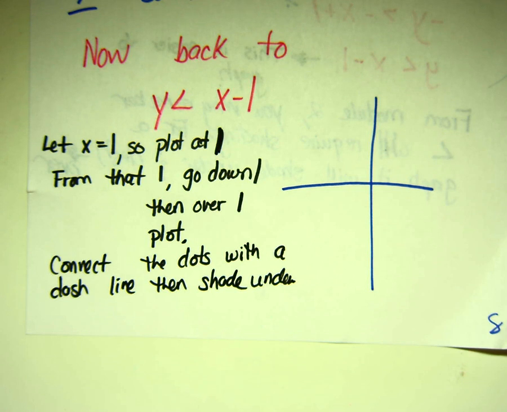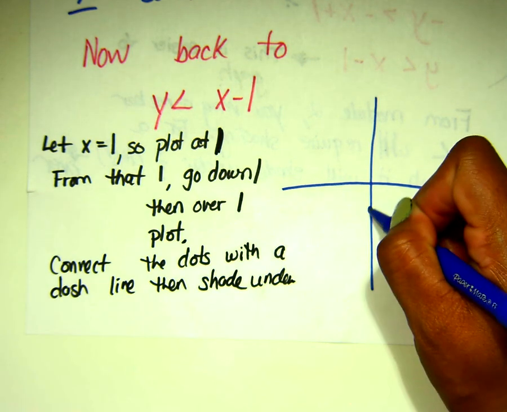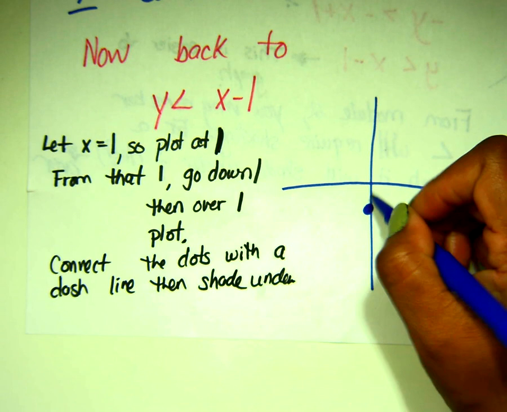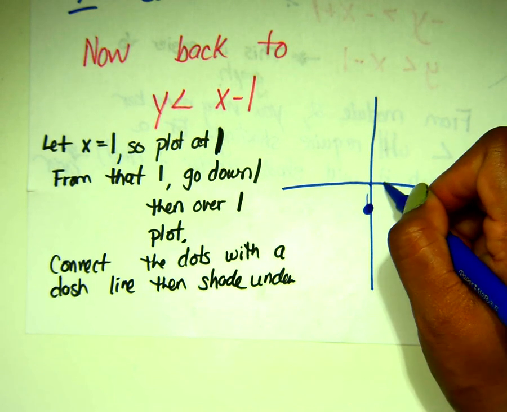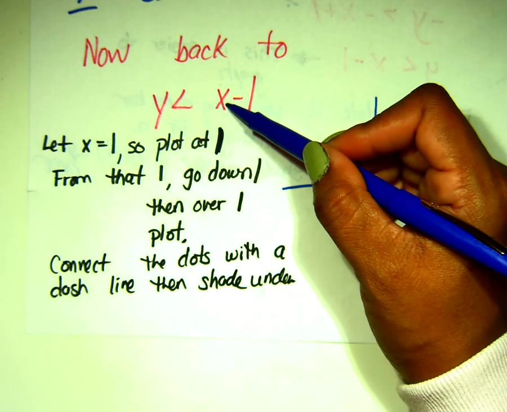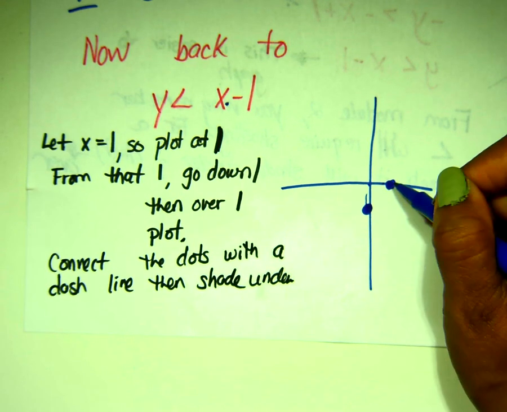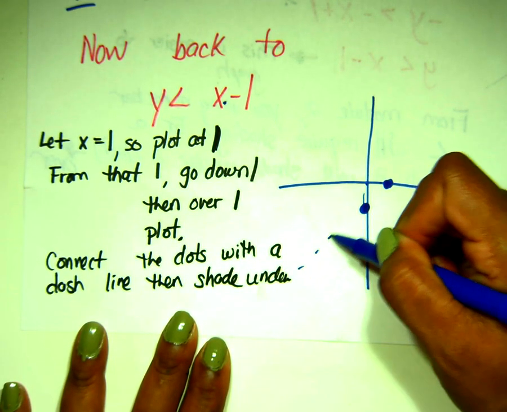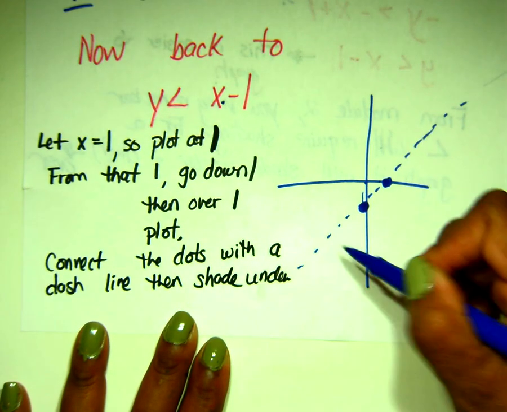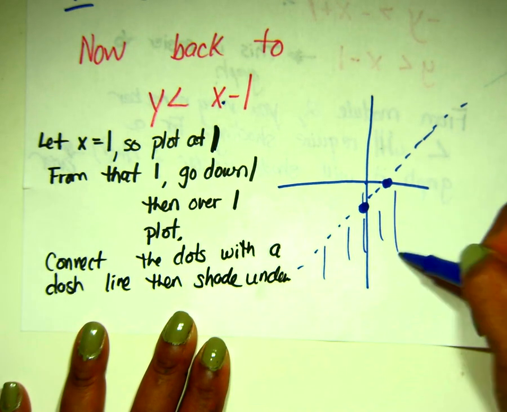So I'm going to find -1 on the y-axis. So here goes -1. From that point, I'm going to go up 1 and over 1, because you see how you got x is 1. So up 1, over 1. When I connect my dots, it's going to be a dashed line, and I'm going to shade everything under.